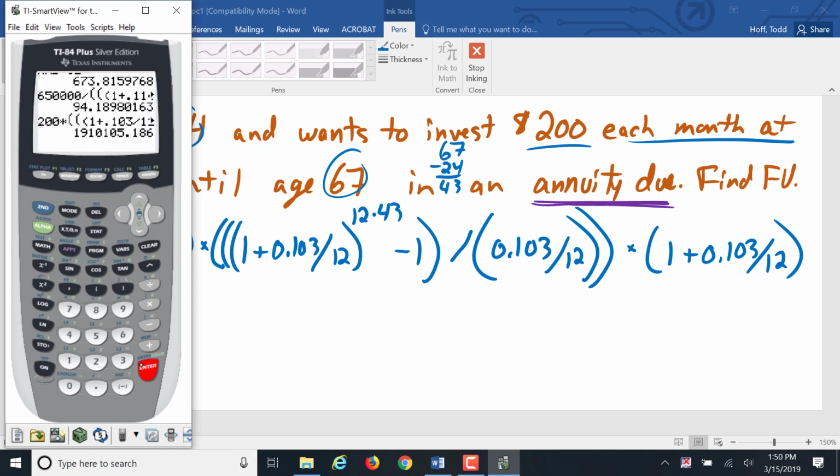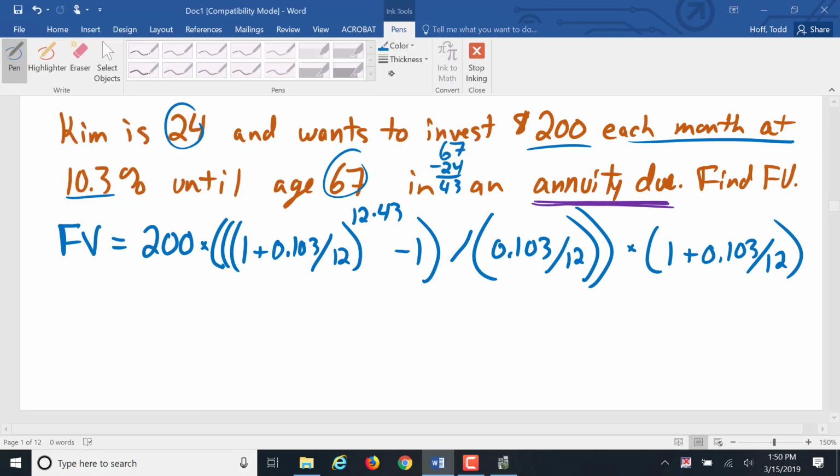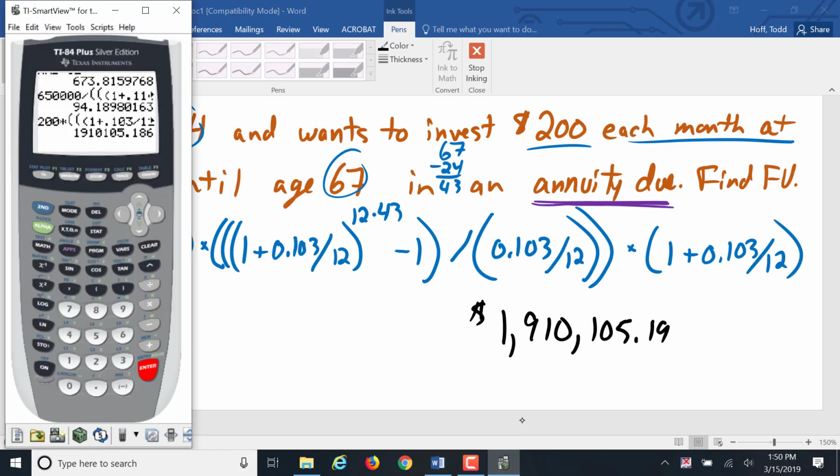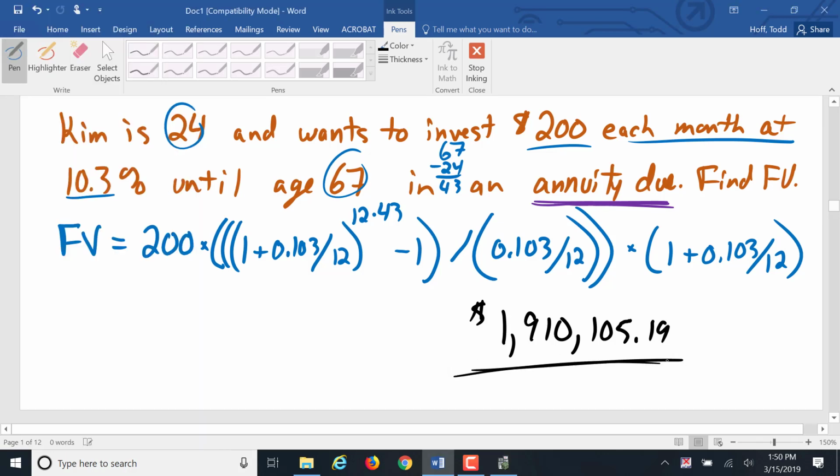We get 1,910,105.19. So the future value is $1,910,105.19 on that annuity due.